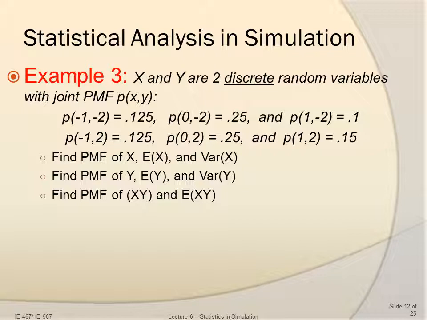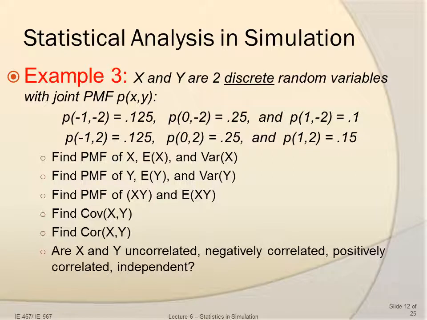From the PMF of XY, we also want to know the expectation of XY. If we have that, we can find the covariance of XY by that formula that we just reviewed, and of course the correlation by the other formula that we had seen. We can also answer whether X and Y are uncorrelated, negatively correlated, or positively correlated, and we could check their independence as well.